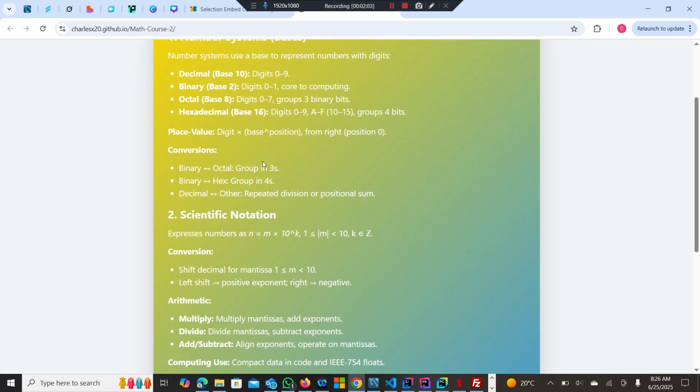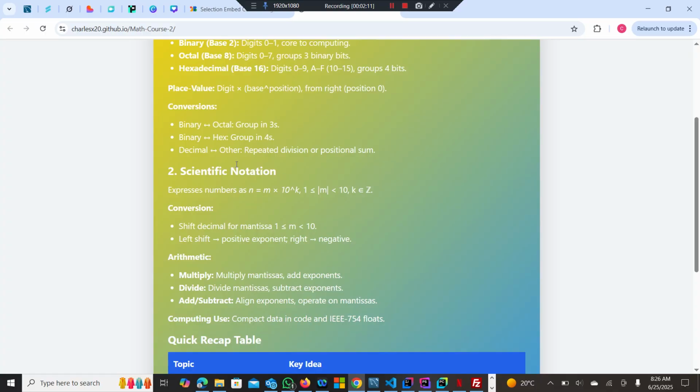We have the explanation of everything: conversions between binary, octal, hexadecimal, and decimal. Then there is scientific notation. The structure may not look that understandable, but it is very easy to understand.